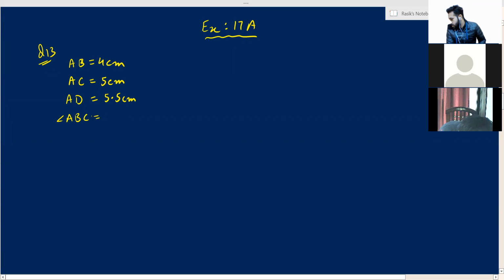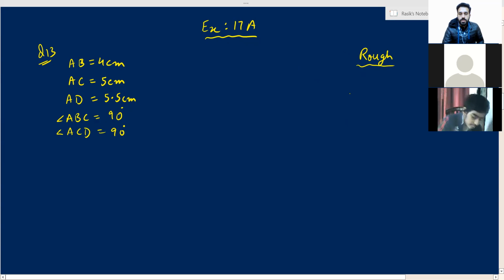Angle ACD is also 90. Both the angles are 90 degrees each. So it is very, very important to draw the rough figure in this question.